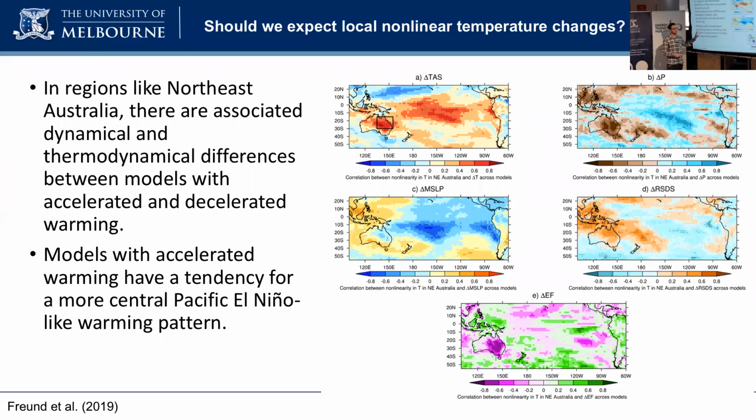So essentially, one other way of putting this is that models with accelerated warming seem to have a tendency for a more Central Pacific El Nino-like warming pattern.